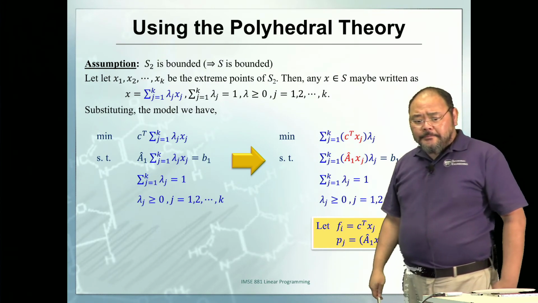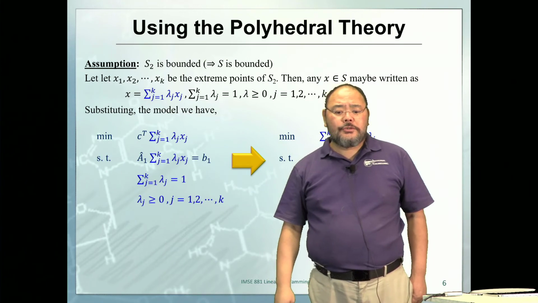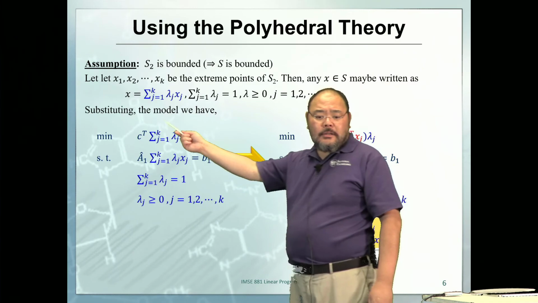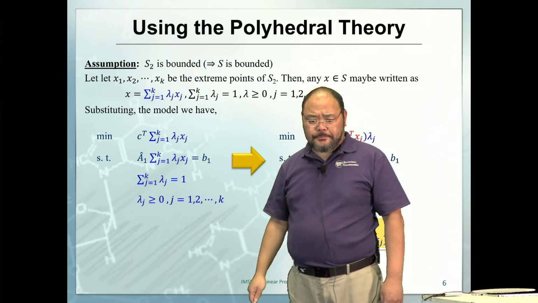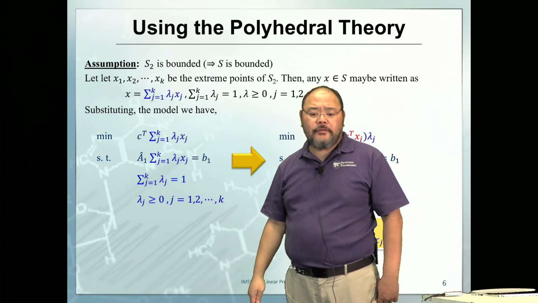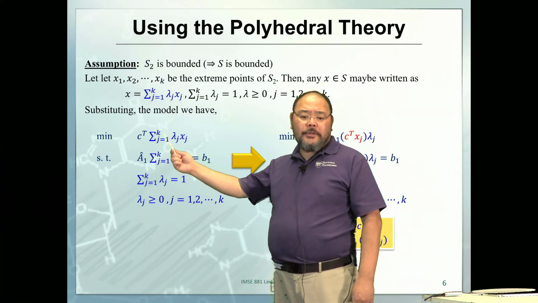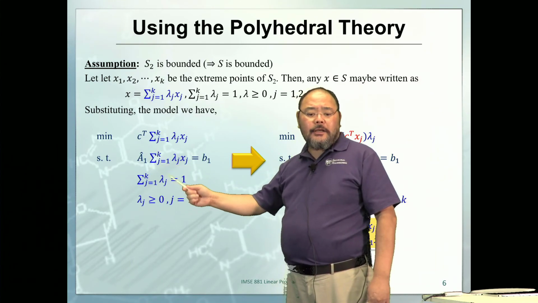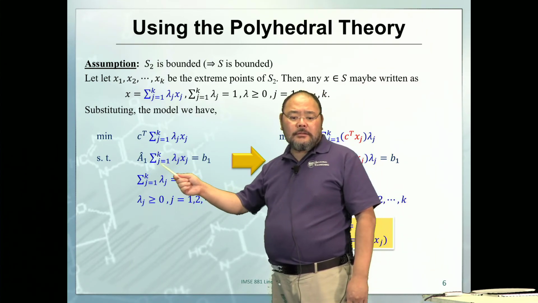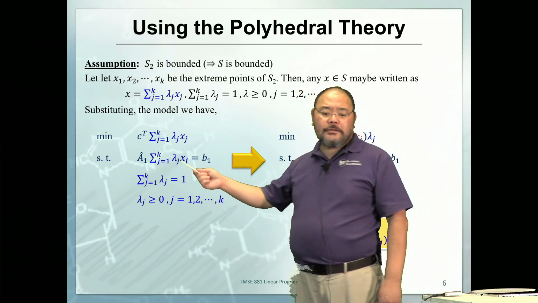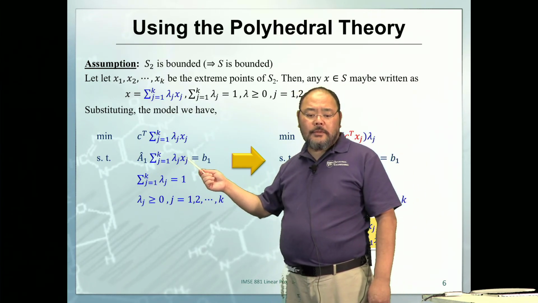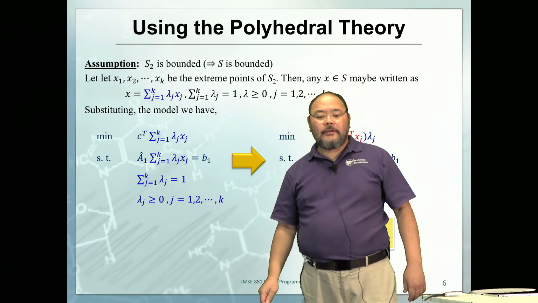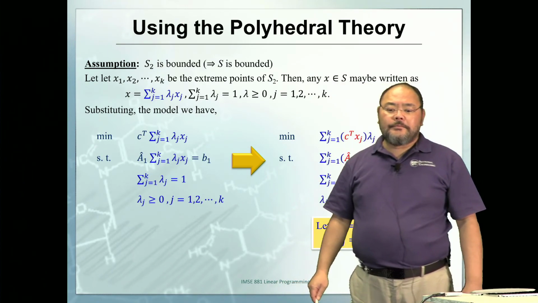We can rewrite our original problem with respect to all the extreme points in the feasible region, where lambda will be the weight for each one of the extreme points. So basically the constraint is plugged into the convex combination of all the xj, all the extreme points. Of course, since it's a convex combination, the total of the lambda, the weights, should equal 1.